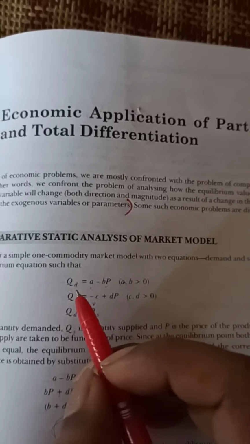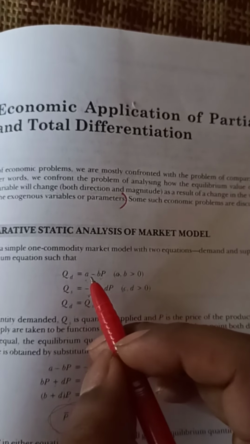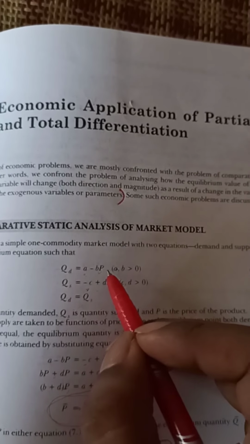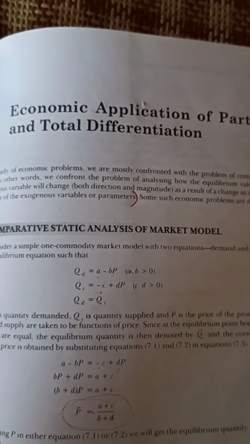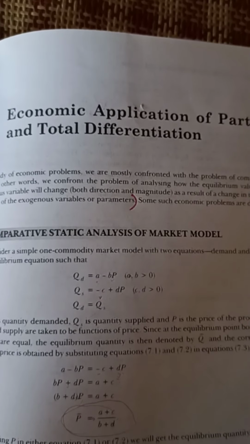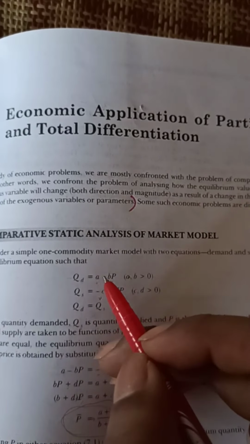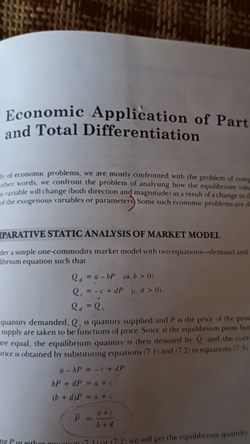Here we have the quantity demanded equation and quantity supplied equation. Now over here QD, QS and P are basically the endogenous variables. That is, these variables are needed to be determined, and A, B, C, D are constants or exogenous variables.